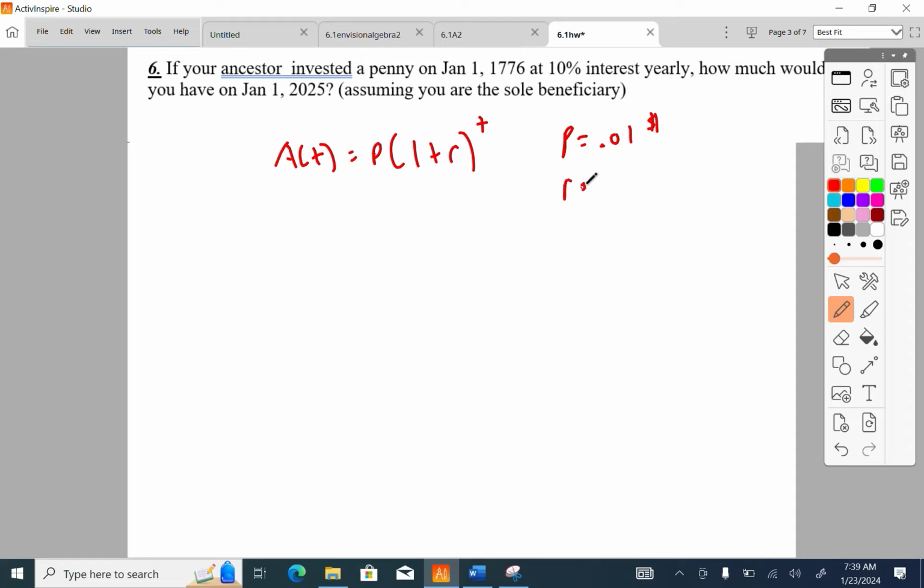The rate of interest is 10%, which is 0.10. And time is going to be 2025 minus 1776, which is quite a few years. What is it, 249 years? Seems legit. You're going to have a lot of money.